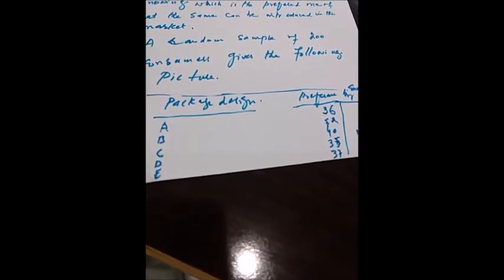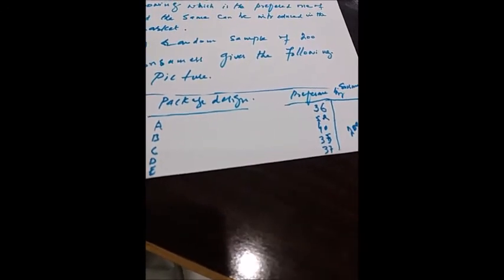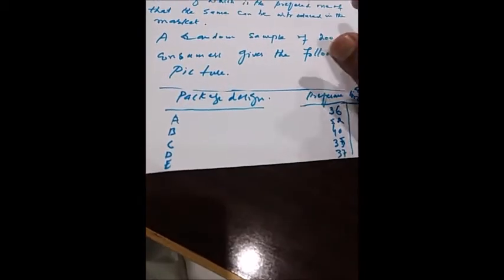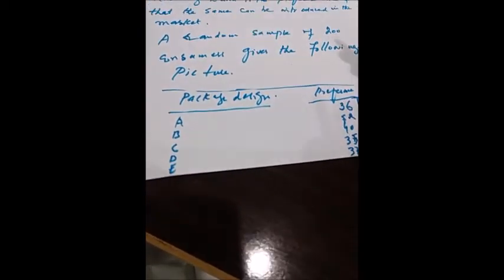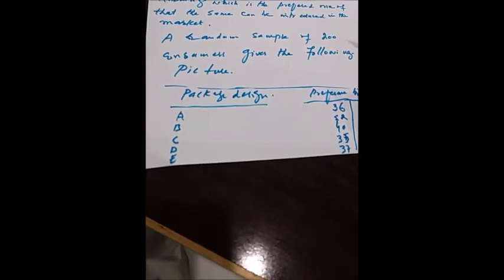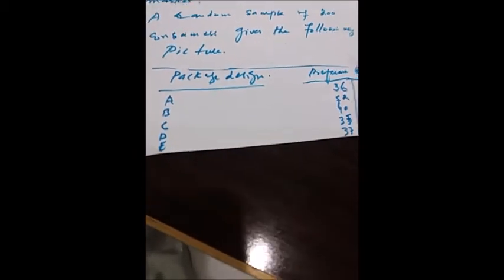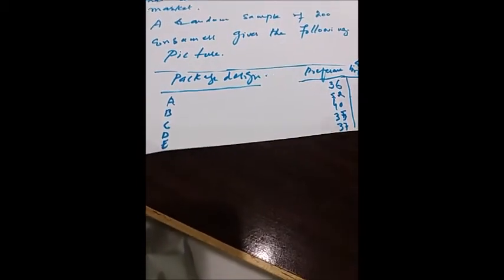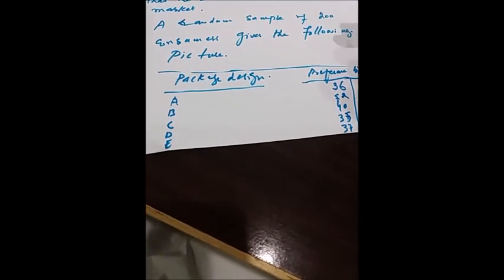Either package design A is more preferred, or B is more preferred, or we can say that all package designs are equally preferred by the consumers. So we have two conditions. One condition is that all package designs are equally preferred by the consumers, and the second condition is that no, there is a significant difference.